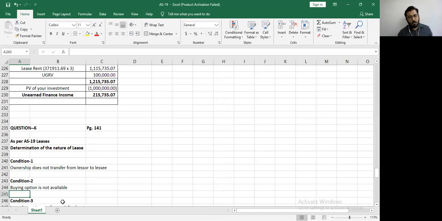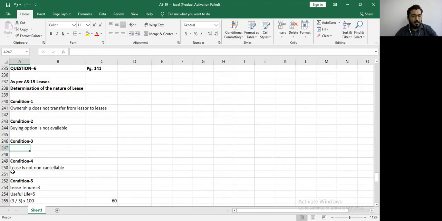Put that as well. So buying option is not available. Second condition is not getting satisfied.